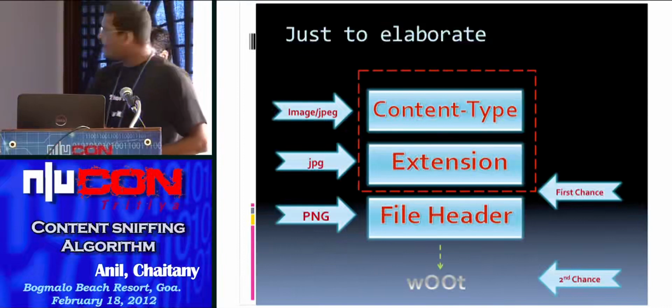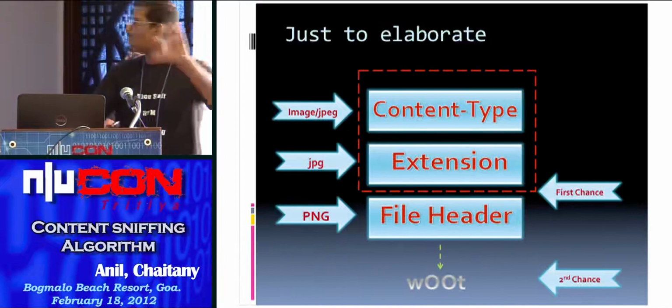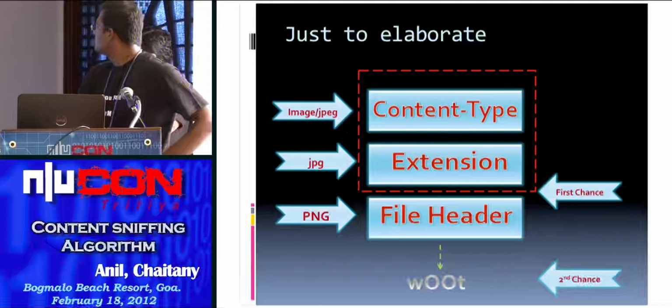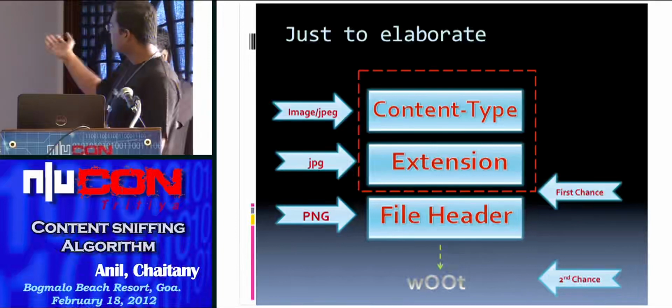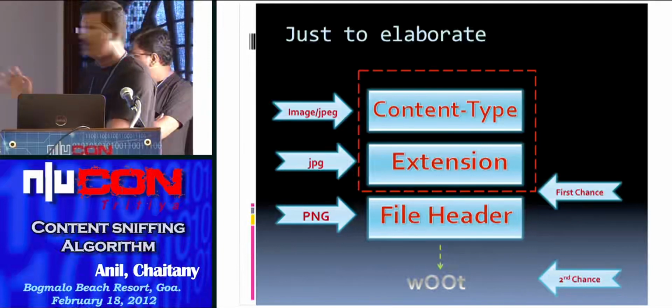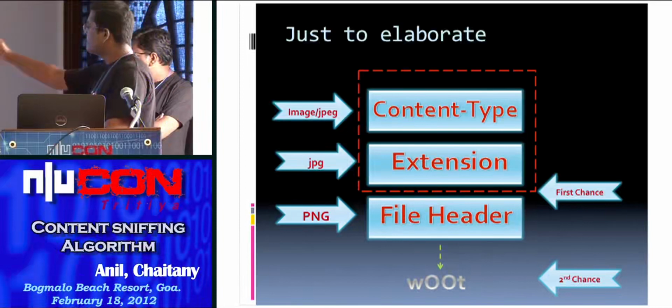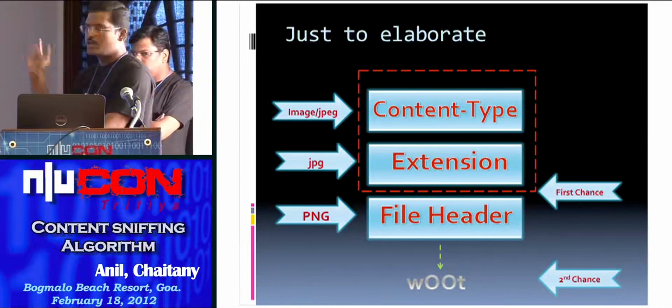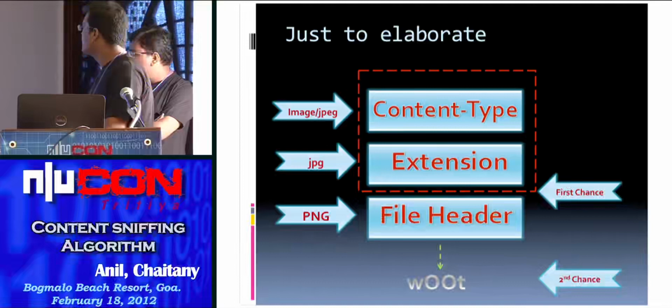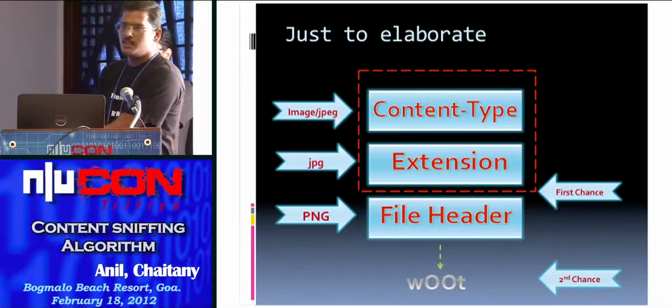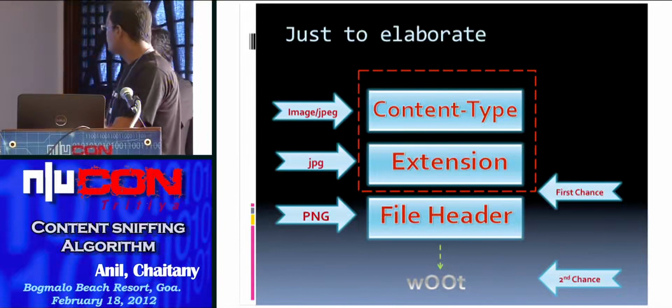Just to elaborate with images and diagrammatically, this is how it works. First, the content type sent by the server is image/JPG. Then the extension is collected from the URL itself, which is JPG.